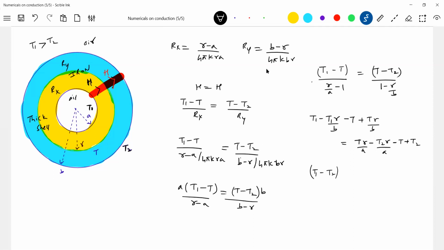T1 minus T2 is equal to... okay, one T will get cancelled here. Fine, yeah.